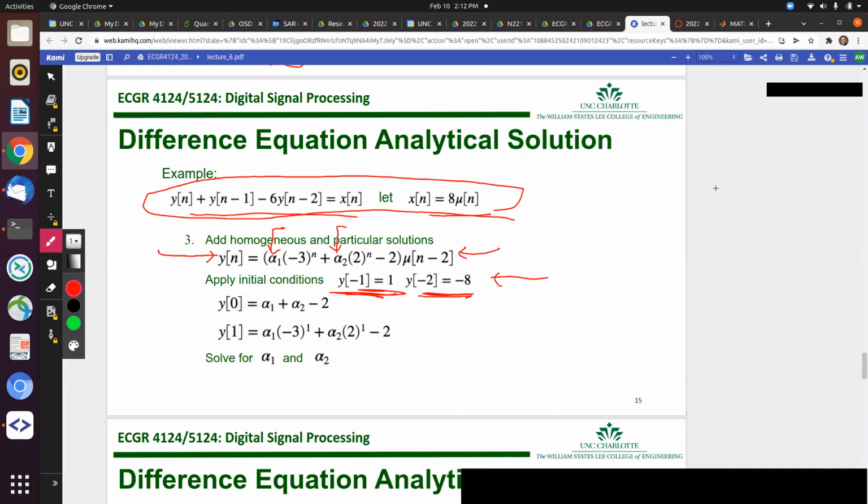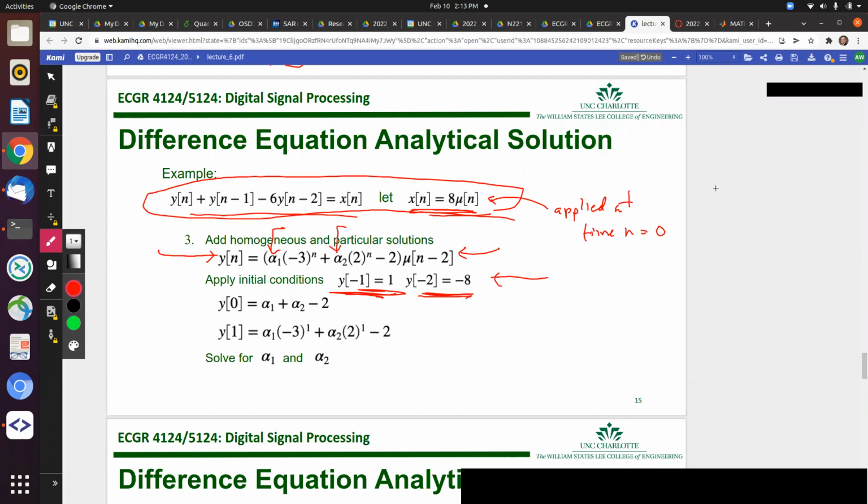So note that a critical thing is that you want to apply your initial conditions at the time that the input is applied. This input is applied at time n equals 0. It is critical that you calculate your solution when the input is being applied.